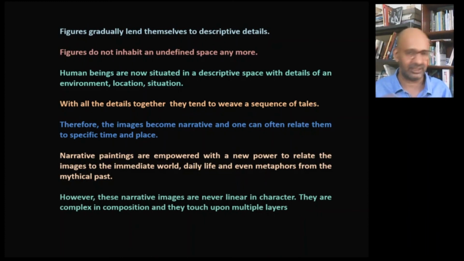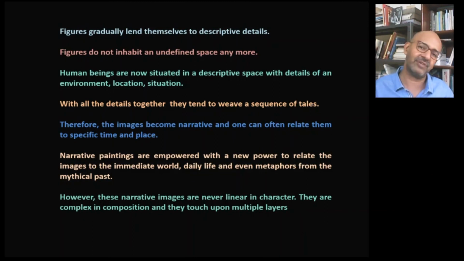Sometimes they would play with the now, that is the present time, with a few motifs from the past, the mythical past, and create multiple layers of narration. So that is what the last statement tries to say: that these narrative images are never linear in character. They are complex in composition and they touch upon multiple layers, therefore multiple narratives.